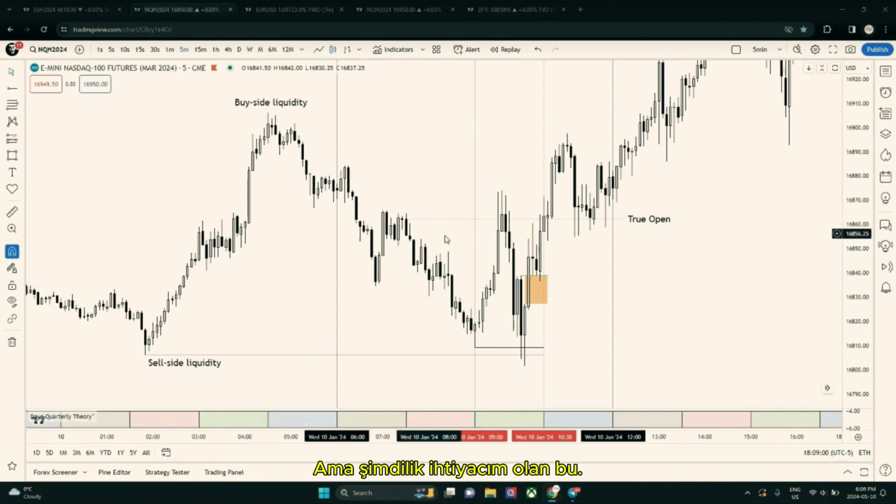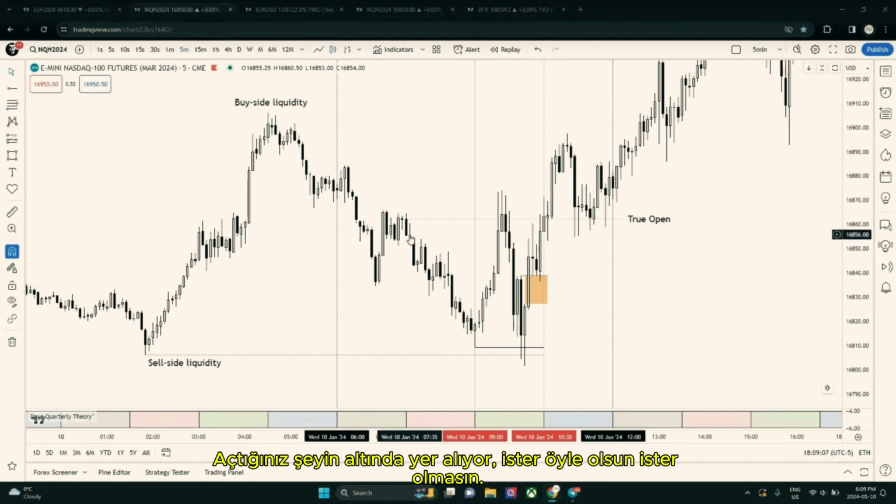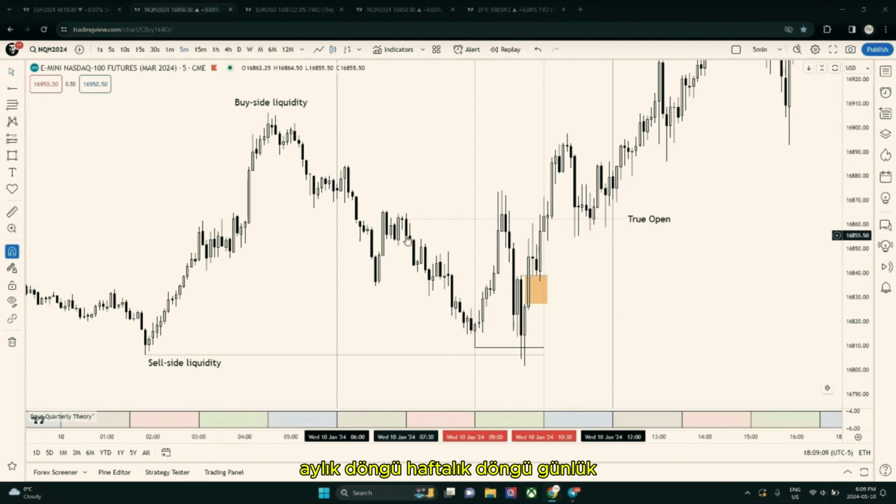But for now, this is what I will need you guys to be going into your charts and study, right? Every time you see SMT work, it's below the open, whether it is the monthly cycle, the weekly cycle, daily cycle, 90-minute cycles, or the micro session cycles. This is when you will see SMT working most, if not all of the time.